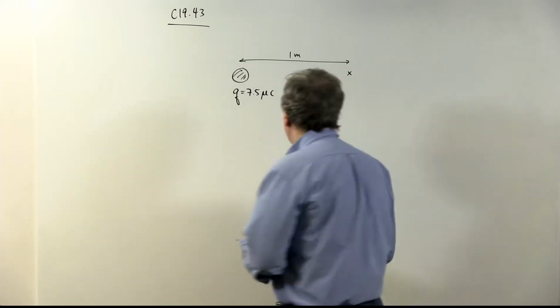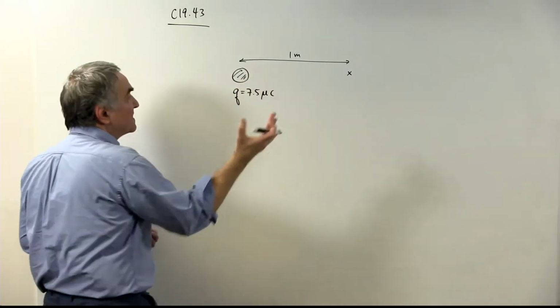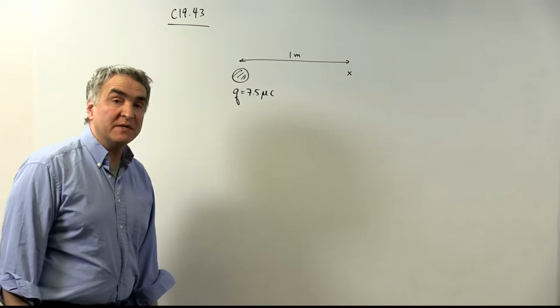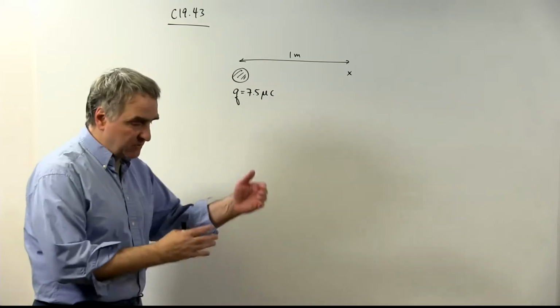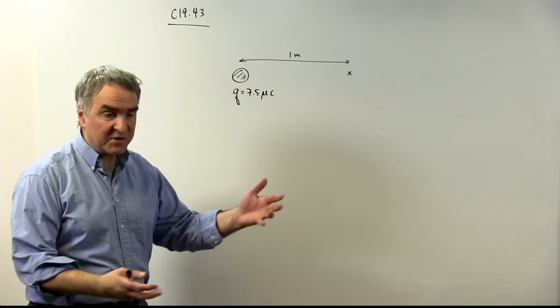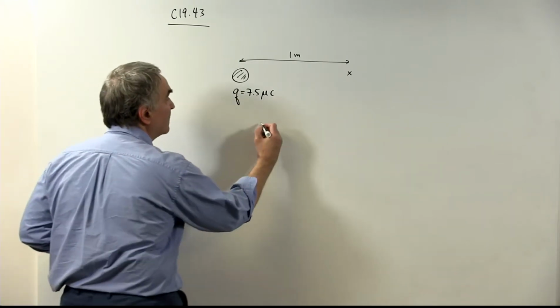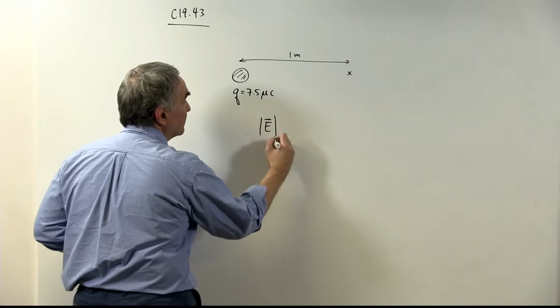So we go back and we say, okay, what's the electric field due to a point charge? That's the only electric field we know just yet. We don't know the electric field due to a hunk of metal that's charged up or anything else. The only electric field we know thus far is the electric field due to a point charge.